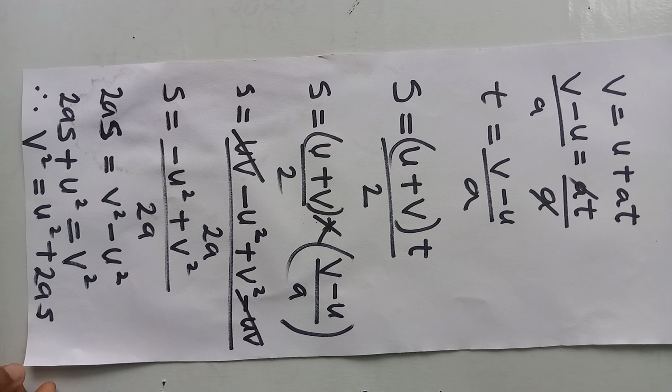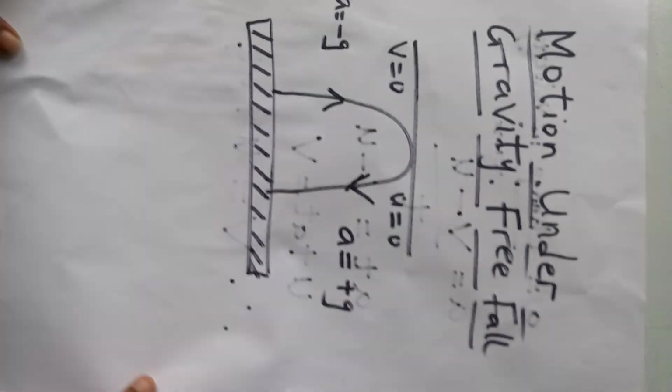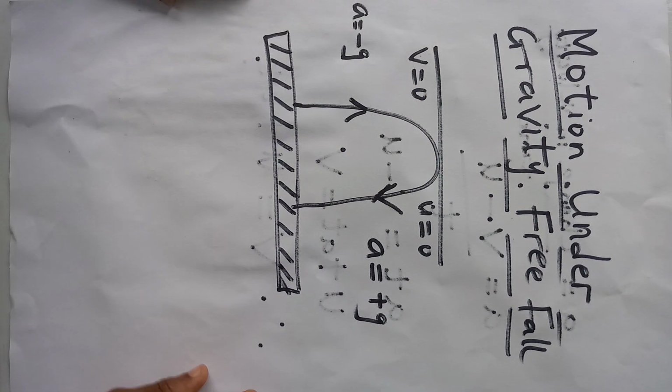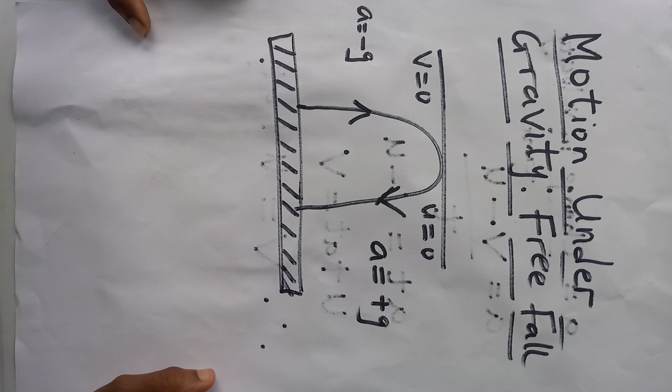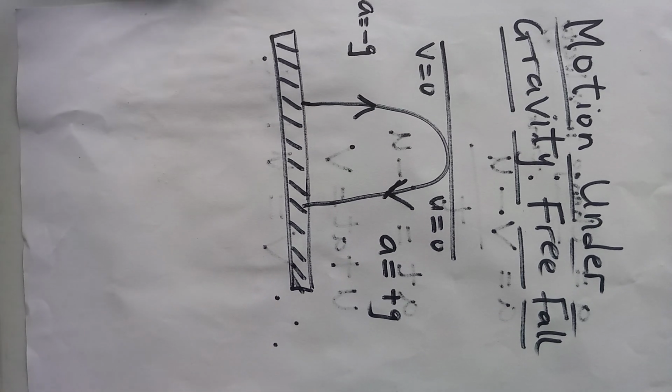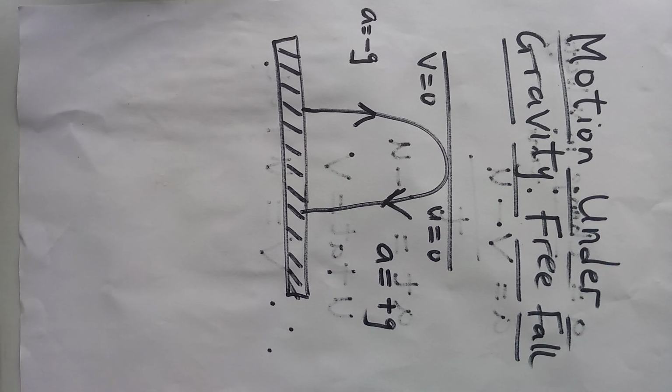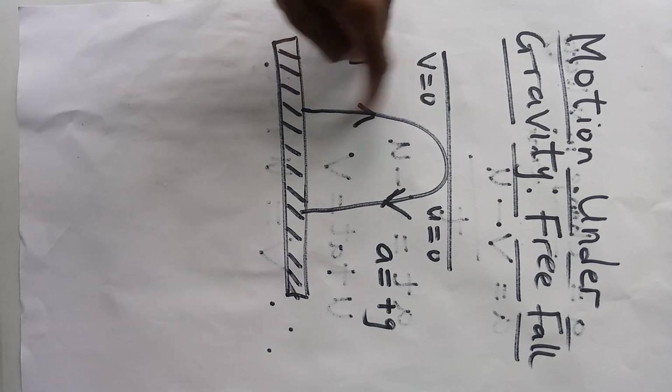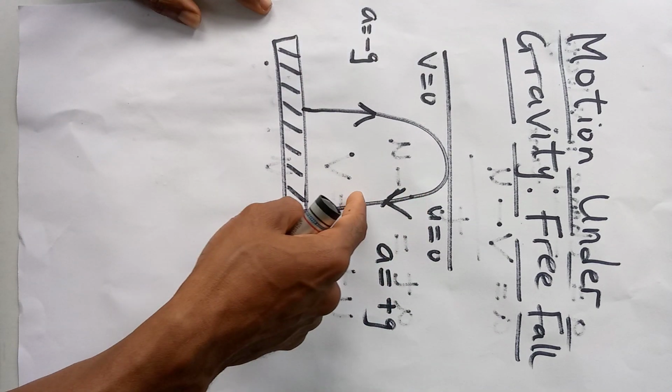So guys, quickly let's look at motion under gravity. Okay, let's check that out. All right, we have motion under gravity, free fall. Okay, so the equation of motion can also be applied when an object is either going up or coming down.